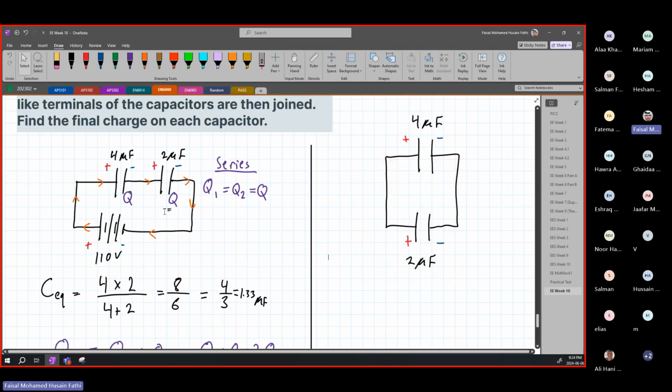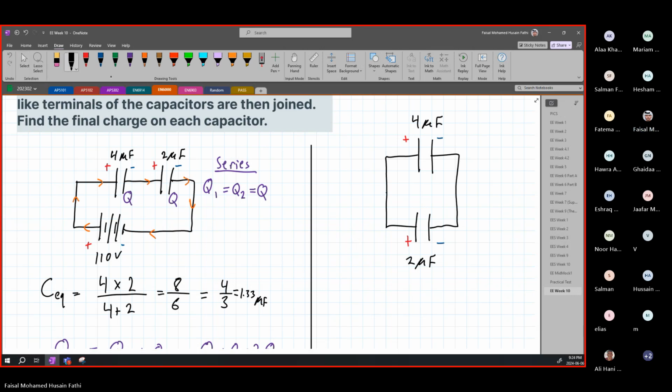Okay, so again, here we have done our analysis. We managed to find our total charge for this side for series in this case. But what happens when we remove the voltage supply and then connect these two together? These now are connected, if you notice, in parallel, because we have 2 points where they are connected, if you think about it.